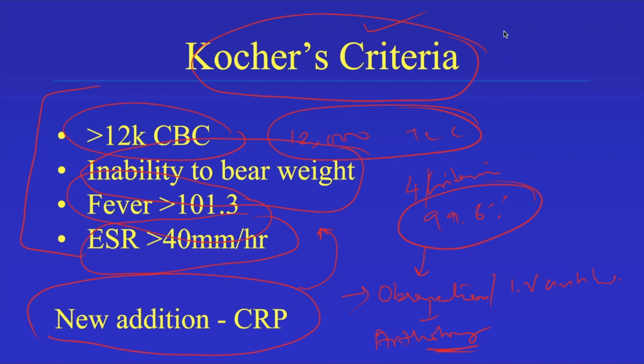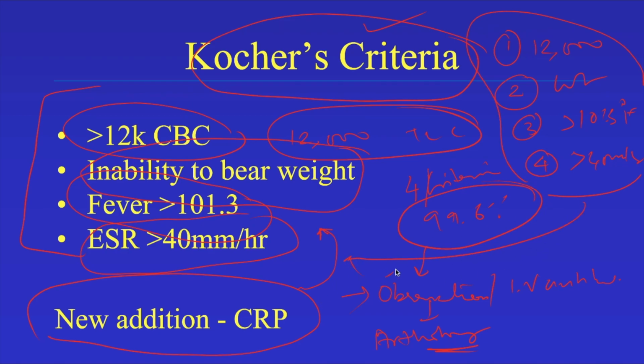So what are the 4 above criteria that we know of? One is white blood cell count more than 12,000, inability to bear weight, fever more than 101.3 degrees Fahrenheit, and ESR more than 40 millimeters per hour. These are the 4 original criteria. One additional criteria now is CRP that has been added to this.